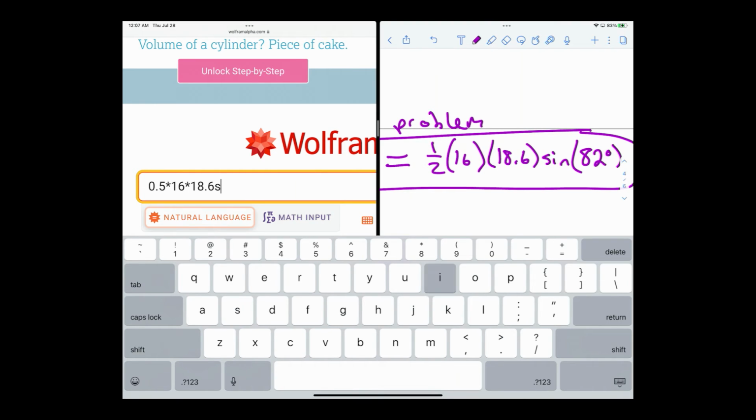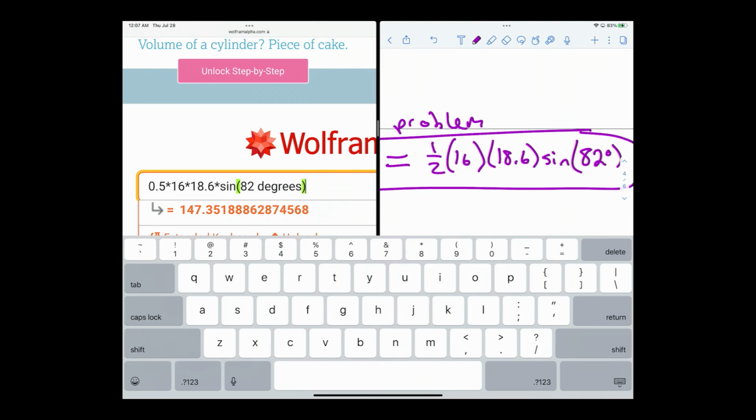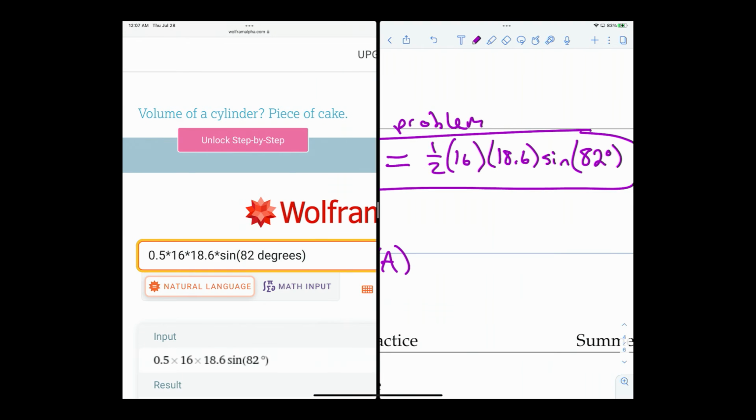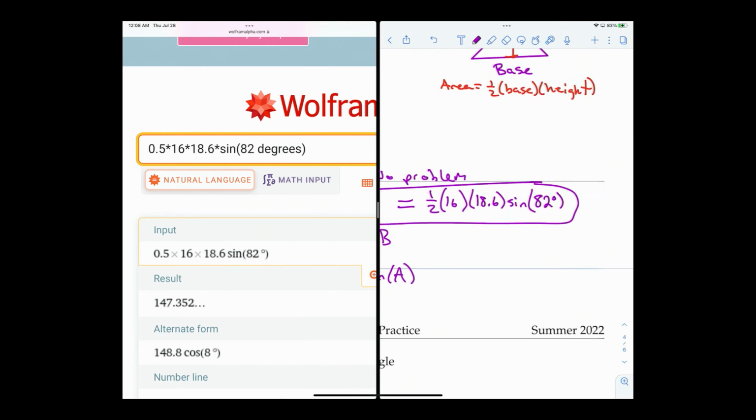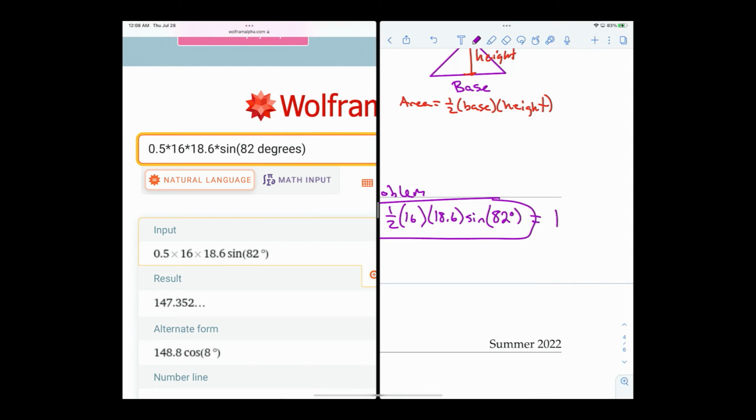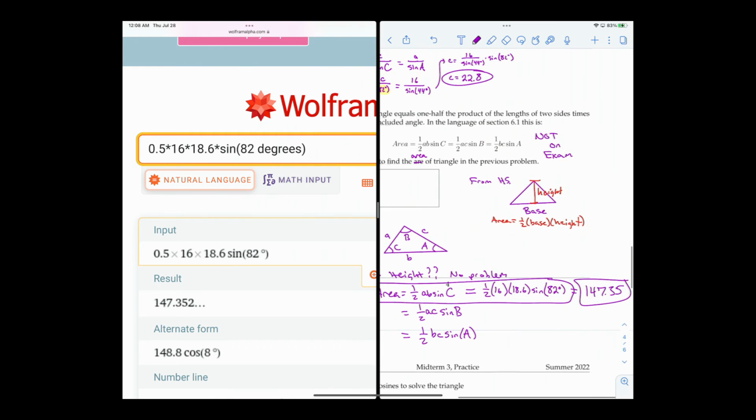And yeah, we rounded, so this isn't perfect, but it's good enough. Times sine 82. And again, I can type in degrees if I'm worried about Wolfram Alpha not understanding. So 0.5 times 16 times 18.6 times sine 82. Result 147. Yeah, we'll say 147.35. That's the area.